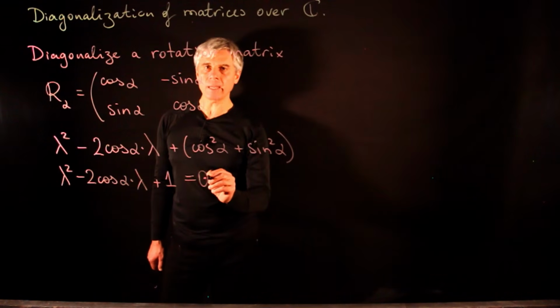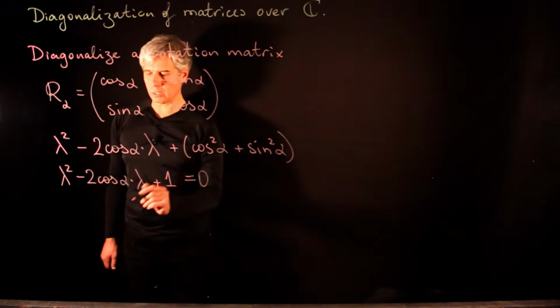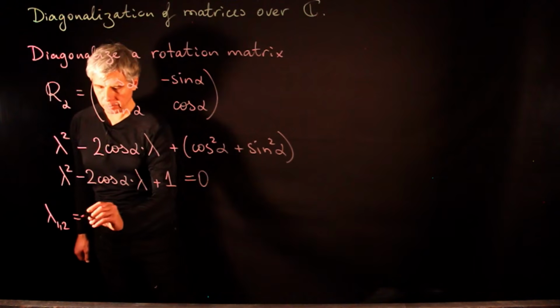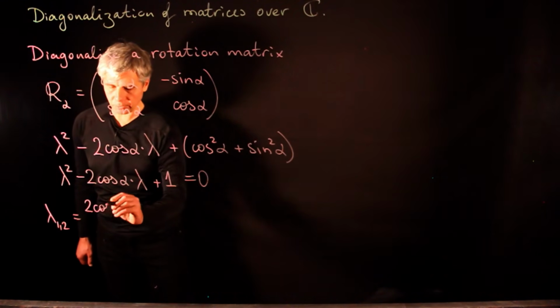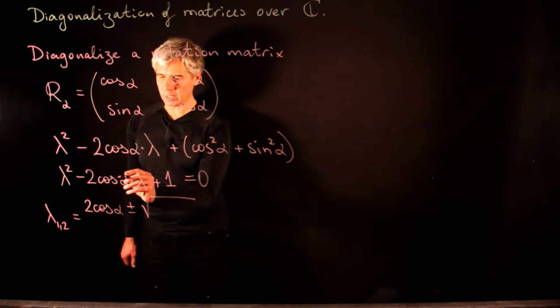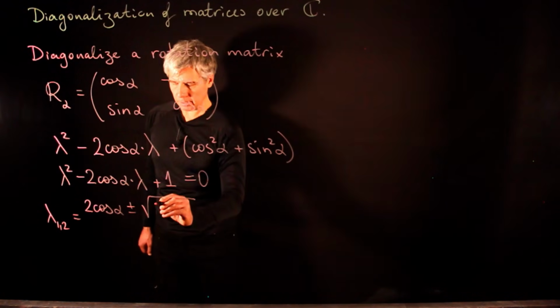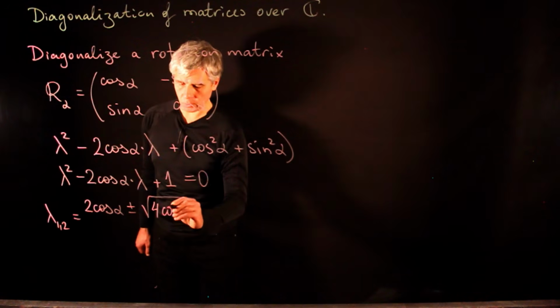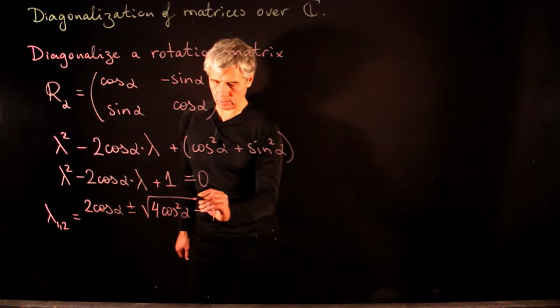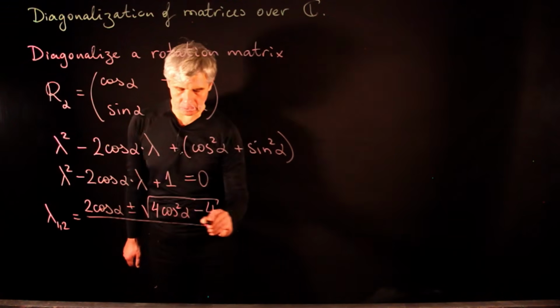And to find the eigenvalues, we need to solve this equation. So the roots lambda 1, 2 will be (2 cos alpha ± square root of b squared minus 4ac, so we have 4 cos squared alpha − 4) over 2.